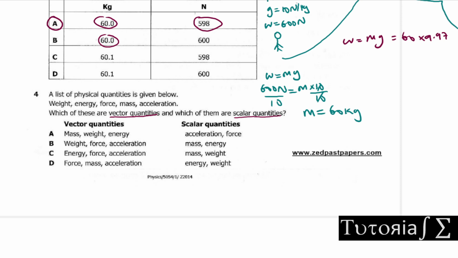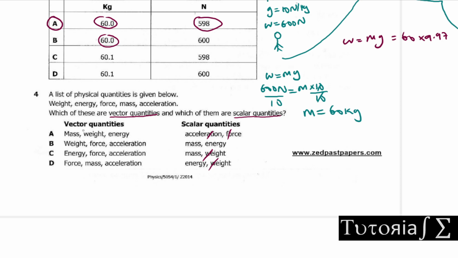Weight is a vector quantity because it has direction, right? So we rule out the option that says weight is a scalar quantity. Acceleration and force are not scalar quantities.